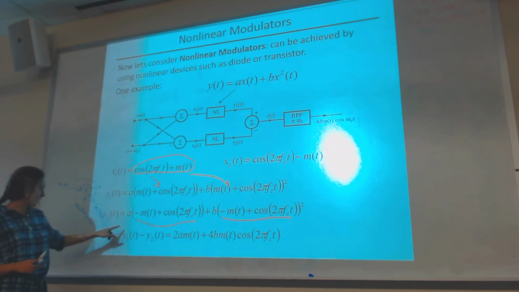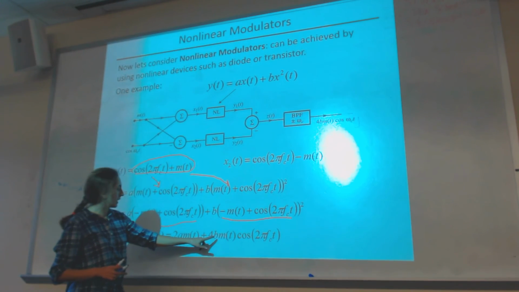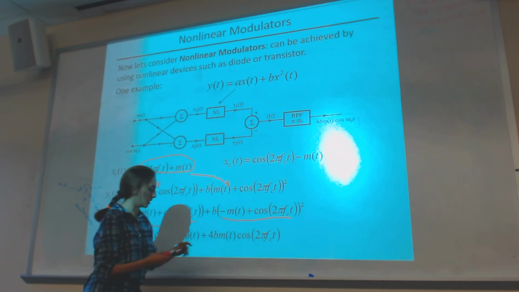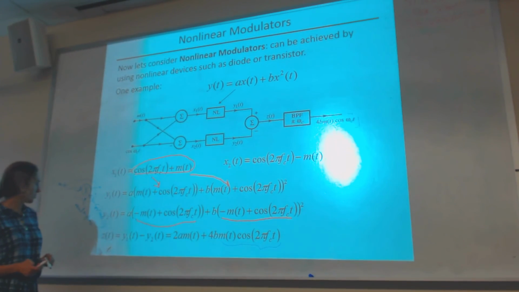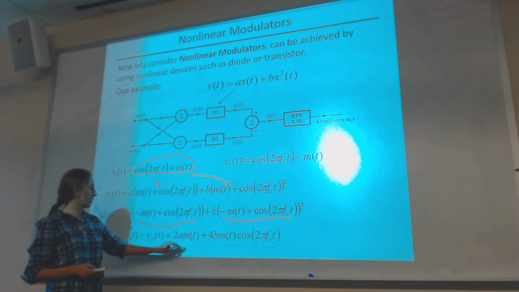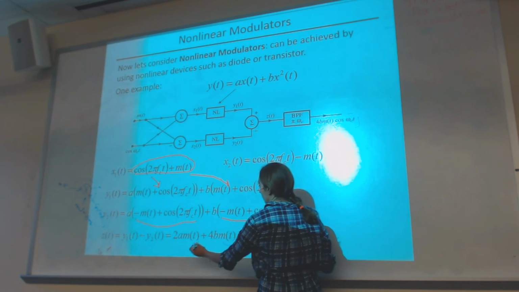You're going to see that the result is 2a m(t), plus something which is m(t) times cosine. And remember, I'm interested in this second term. So what should I do? I somehow should get rid of the first part. But the good thing is that they are separated in frequency. Why?